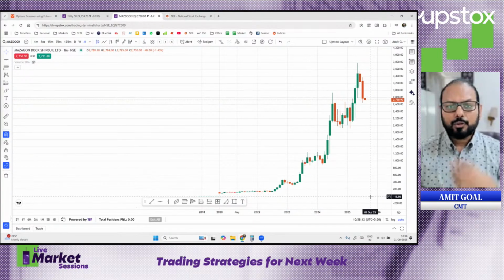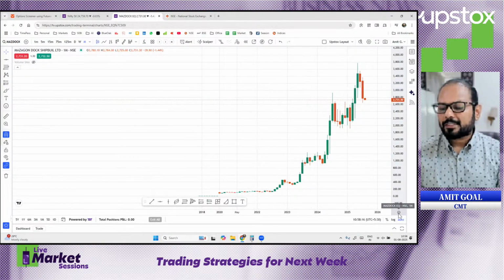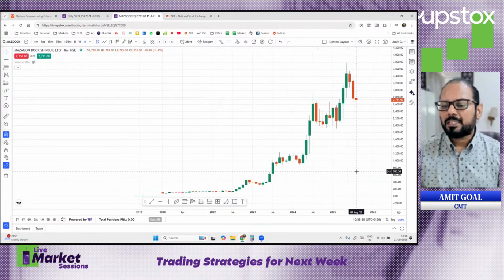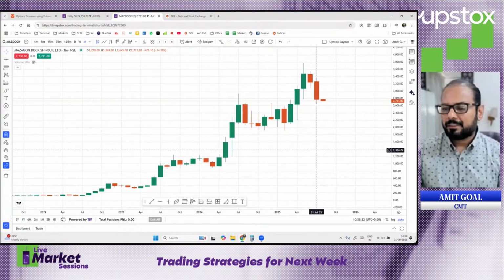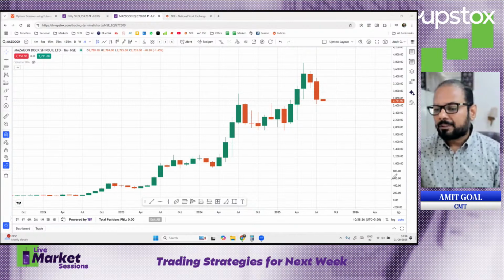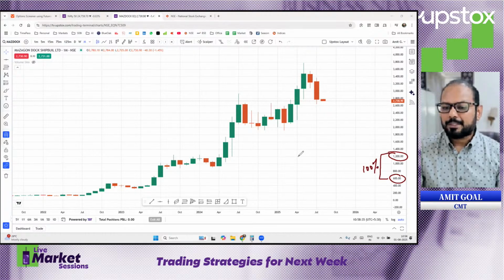Okay. And whenever you're looking at a monthly chart, instead of looking at a normal chart, go to this gearbox and change it into a logarithmic chart. What this will do is, very simple here. I mean, it is fairly simple to understand and logical also. ठीक है? अभी देखो यहाँ पे 600 rupees है. And this is 1200 rupees, right? What is this in percentage terms? 100%.